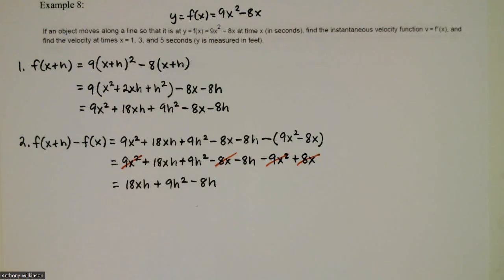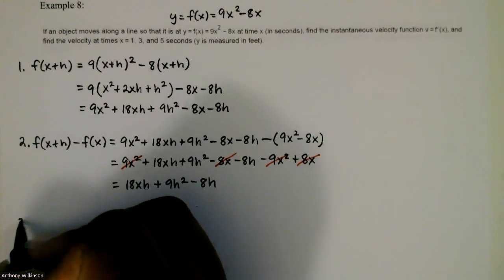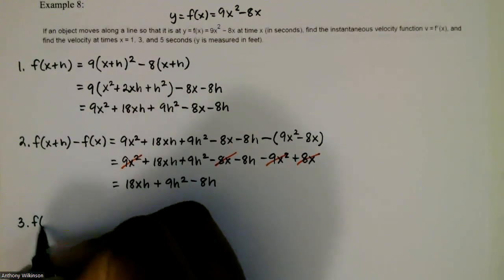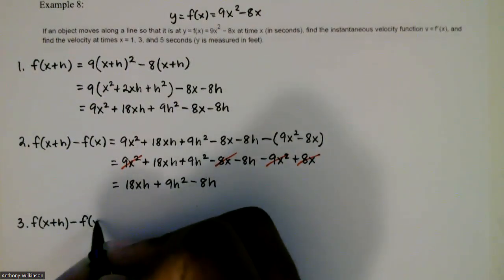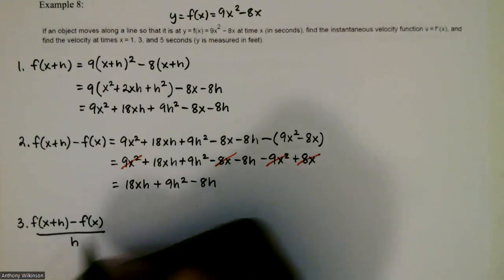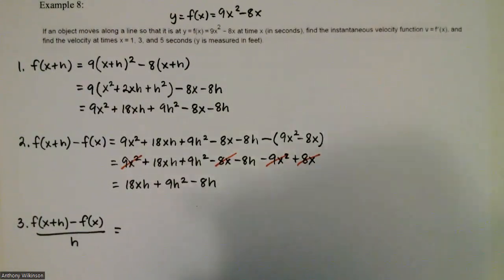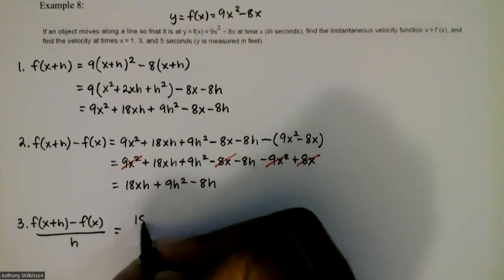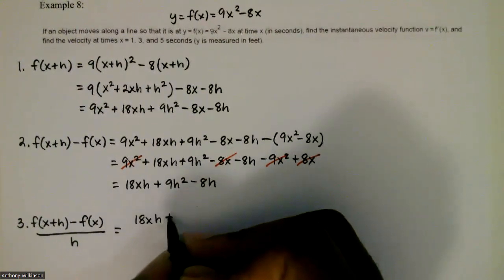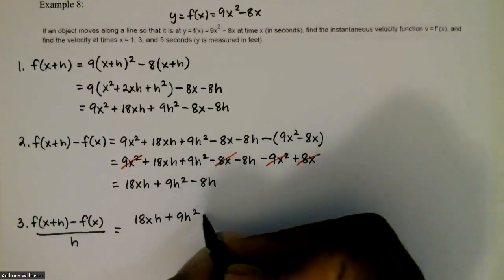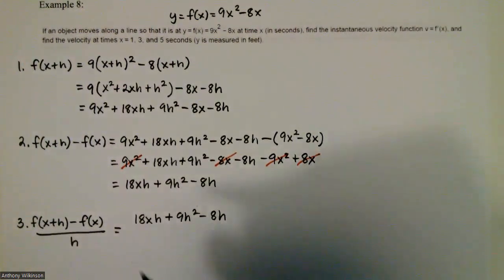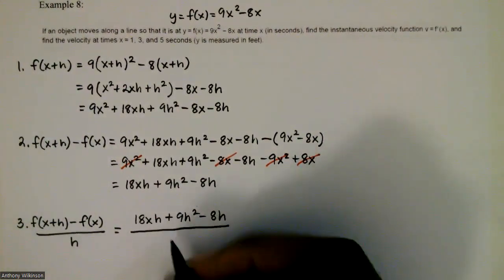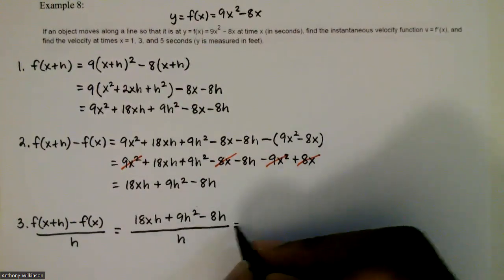All right, that's step number 2. Step number 3, divide by h. You'll take this expression, divide by h. So that f of x plus h minus f of x was the 18xh plus 9h squared minus 8h. All that's divided by h.